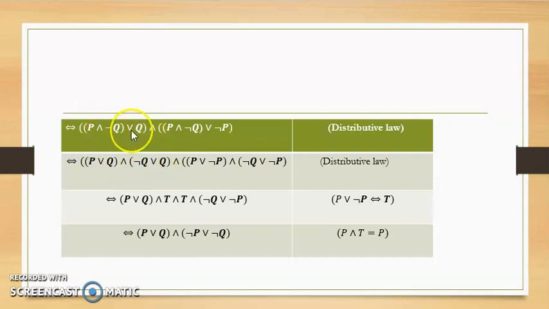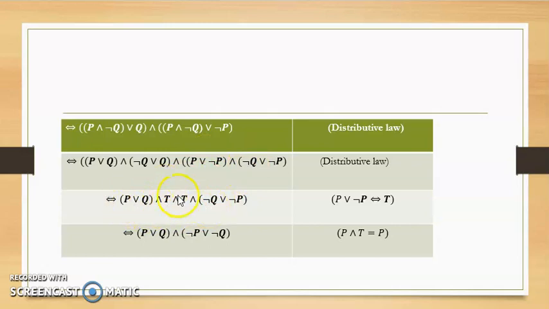So we got two terms from the first term by using the distributive law. Then we take the second one: P or not P and not Q or not P. So from this second part we are getting two terms by using the distributive law. Again, here not Q or Q is nothing but T, the true value, and P or not P is also the true value, and we have only the last two terms.